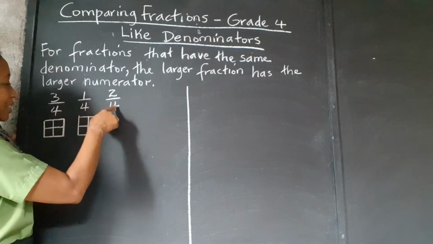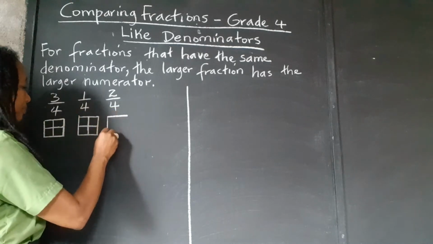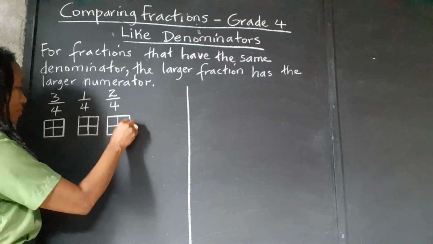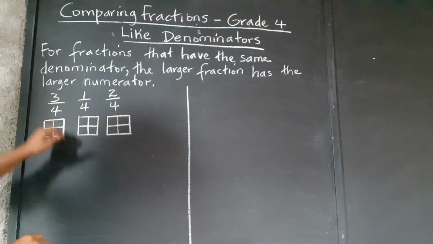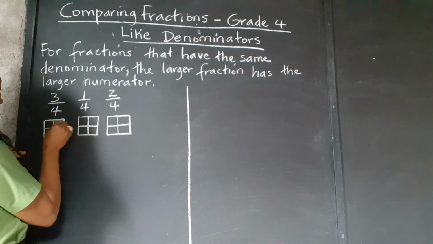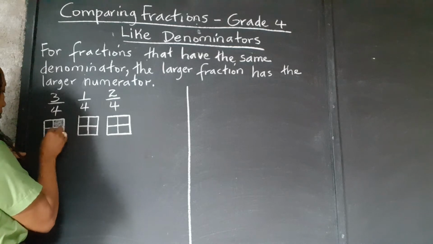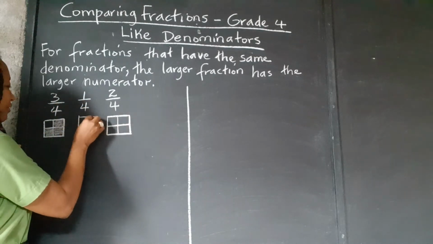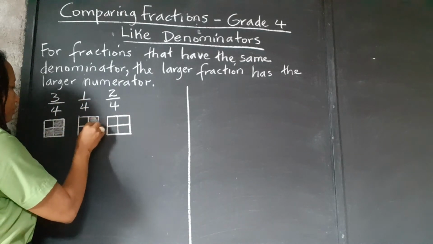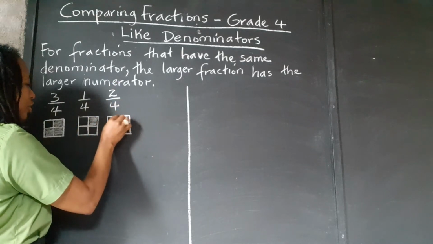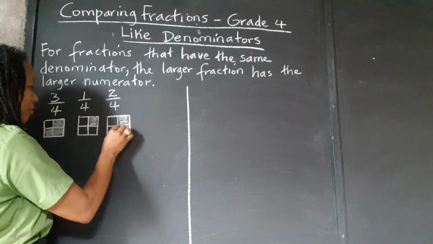They all have the same denominator, which is 4. So for this one, we would shade 3 out of the 4. For the quarter, we would shade 1 part out of the 4. And for the 2/4, which is the same as a half, we would shade 2 parts out of the 4.